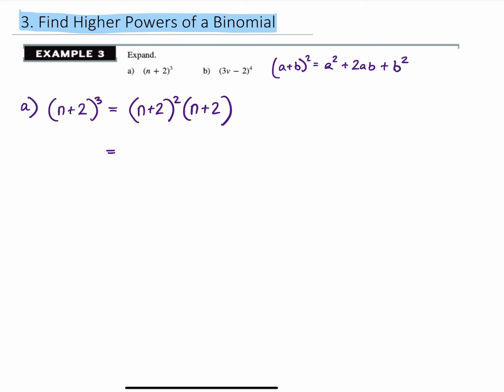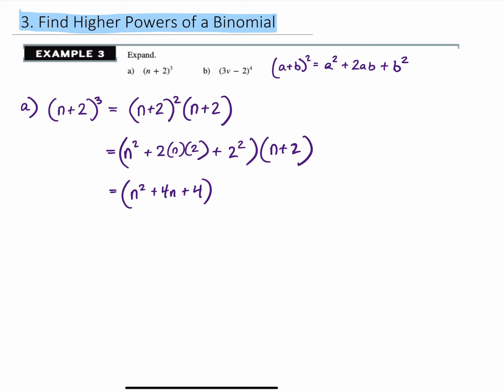So n plus 2 squared, we'll have our first term squared, n squared, plus 2 times our first term times our second term, 2 times n times 2, plus our second term squared. And then we'll still have n plus 2 multiplied on the outside. So simplifying things a bit, that will be n squared plus 4n plus 4 times n plus 2.